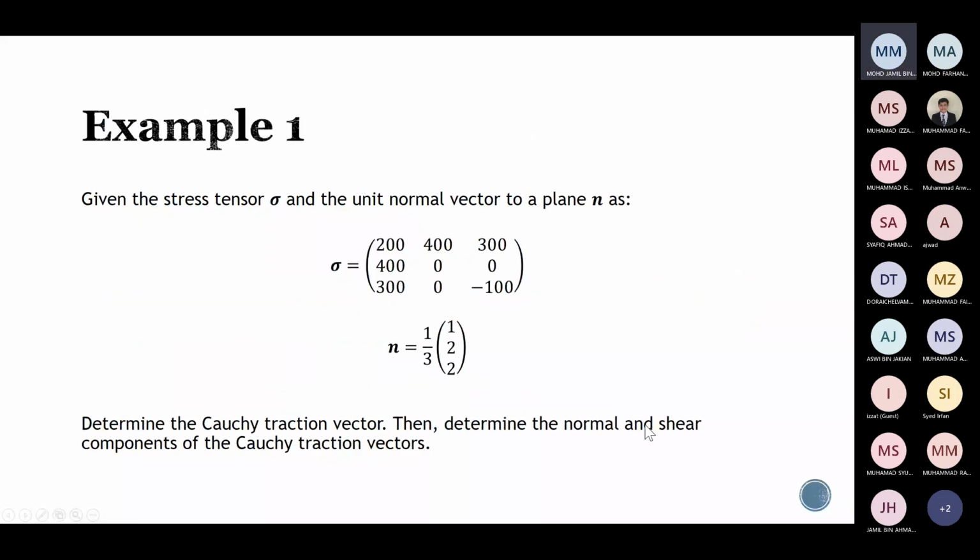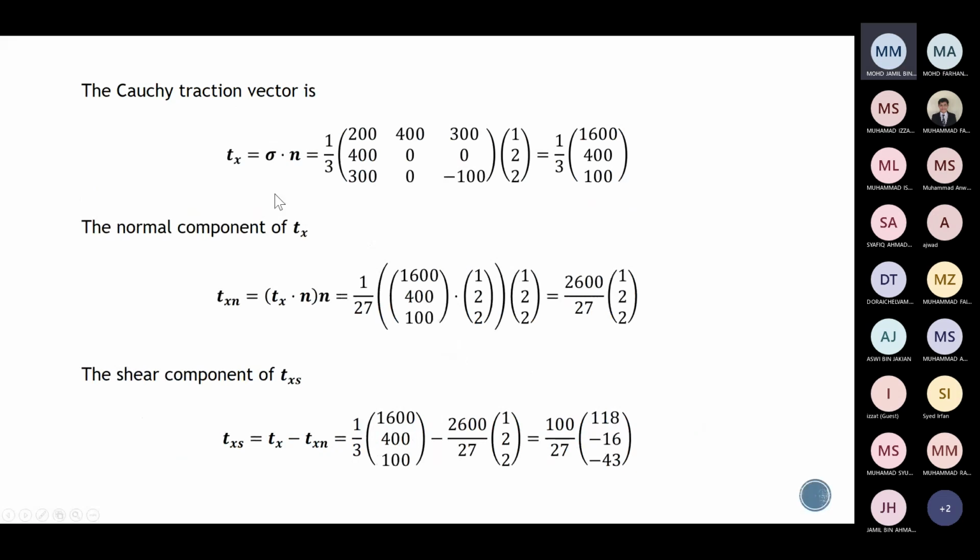Let's look at an example of how to calculate the traction vector. Say you are given the stress tensor sigma and the unit normal vector to a surface. This is the stress tensor and this is the normal vector to the surface. Determine the Cauchy traction vector, and then determine the normal and shear components of the Cauchy traction vector. For the Cauchy traction vector, you just use Tx equals sigma dot n.